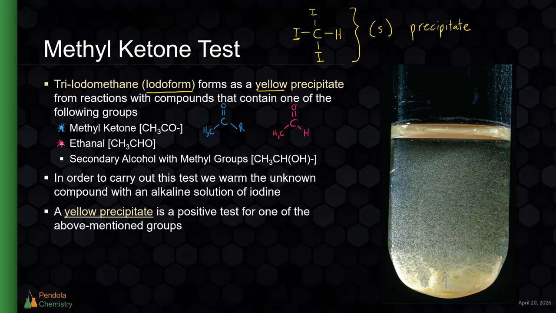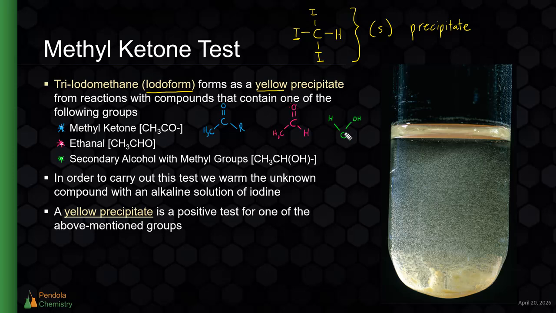The last type of compound that can give us a positive iodoform test is a secondary alcohol with a methyl group. Now that's a lot. So what exactly is that? That is going to be a secondary alcohol, meaning that it's an alcohol where the hydroxyl group is on the carbon that has a hydrogen attached to it.